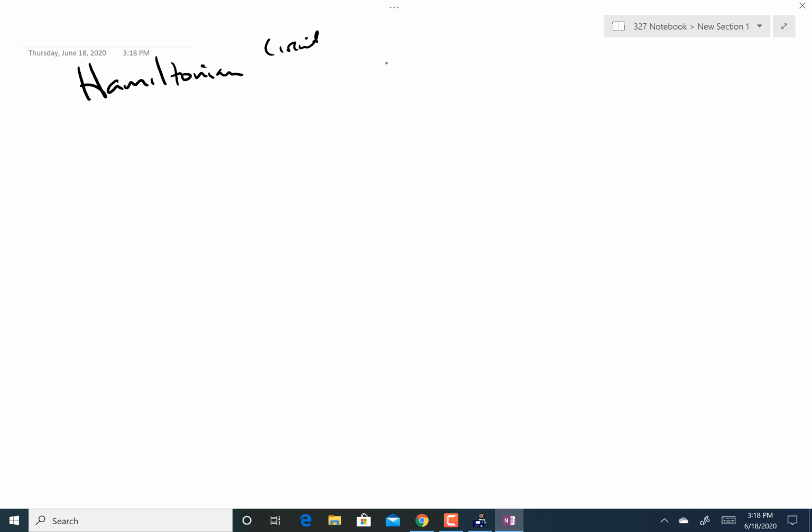Learn how to spell, you jerk. Hit each vertex. Okay. That is the Hamiltonian circuit, a sequence of adjacent vertices and distinct edges in which every vertex of G appears exactly once, except for the first and last, which are the same.